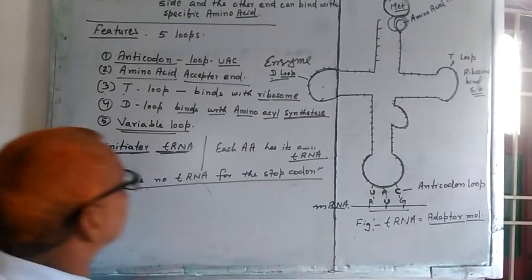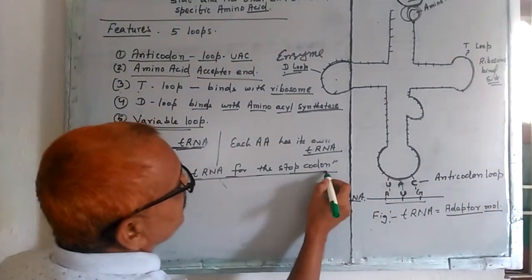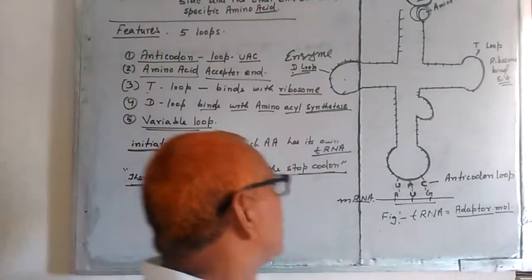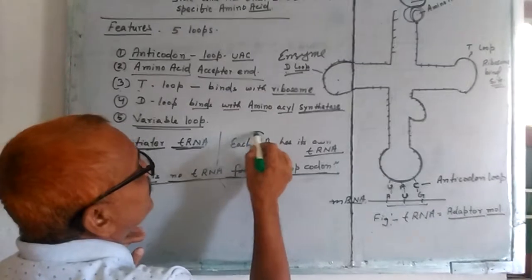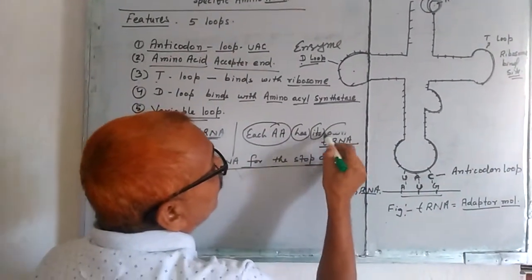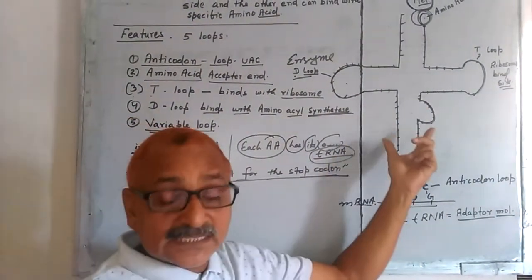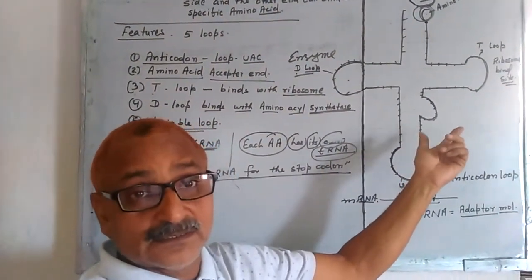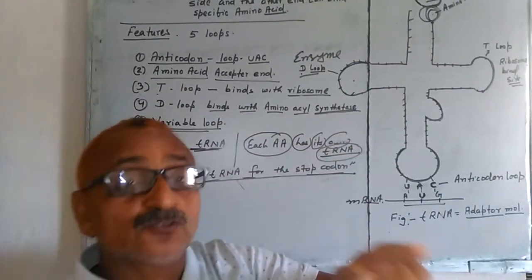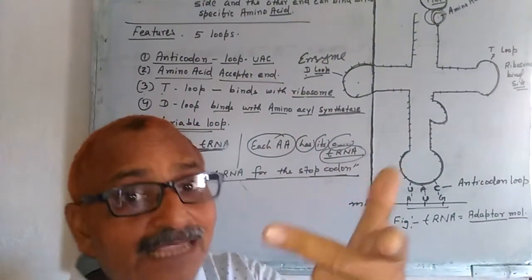Also very important: there is no transfer RNA for a stop codon. But each amino acid has its own transfer RNA. The anticodon is a single structure. So how many amino acids are there? 20 amino acids, so there will be 20 different types of transfer RNA.